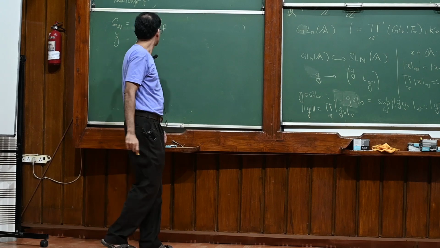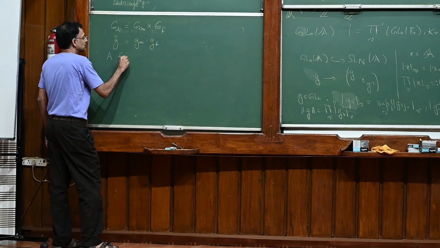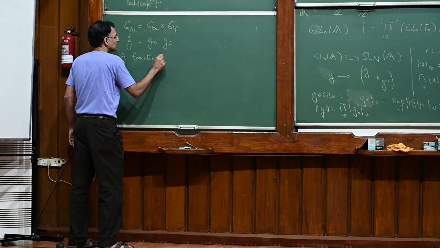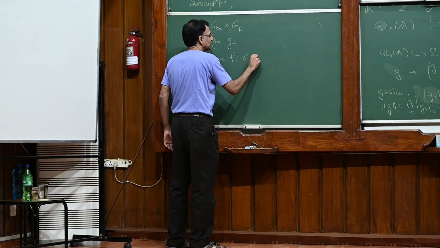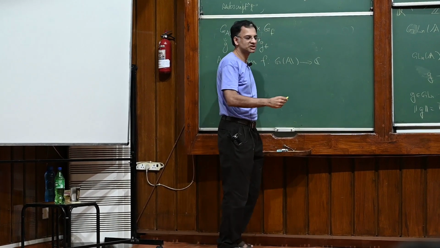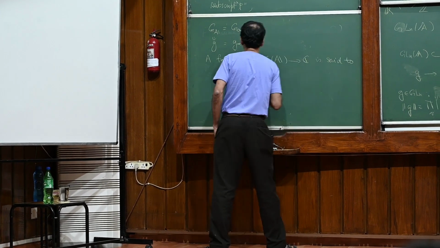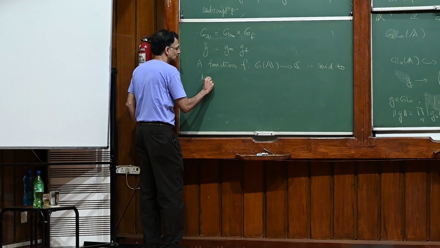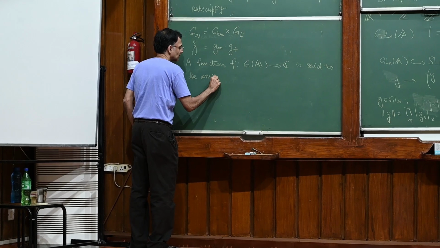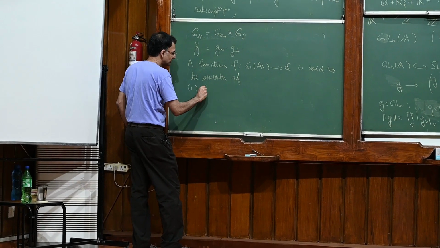With this notation, a function f from GA to C is said to be smooth if the following hold. One, f is continuous.